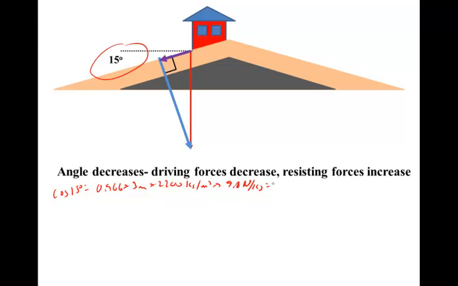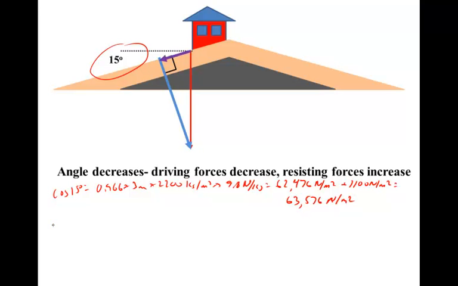Our resisting forces are our normal force, 62,476 newtons per square meter, plus our cohesion factor. Our total resisting forces are 63,576 newtons per square meter, now that the slope angle has been reduced to 15 degrees.